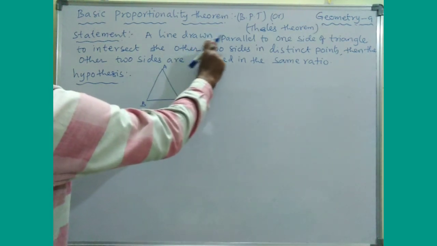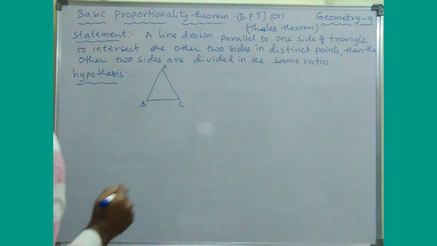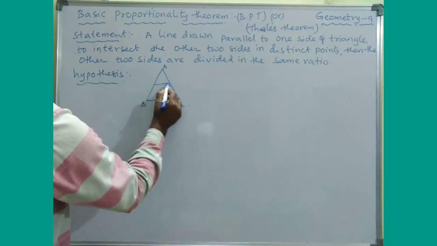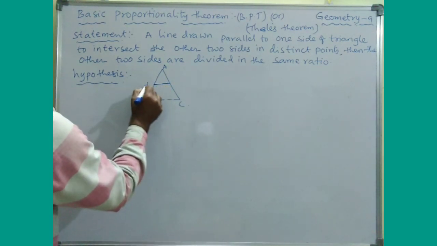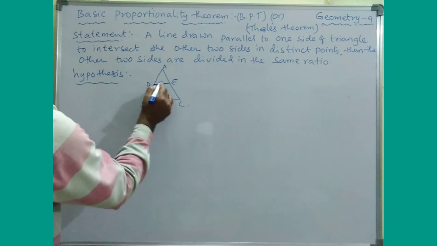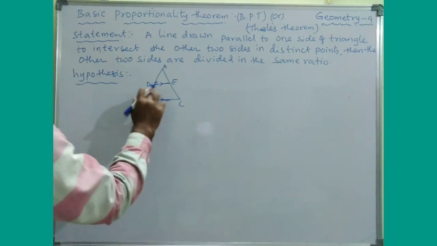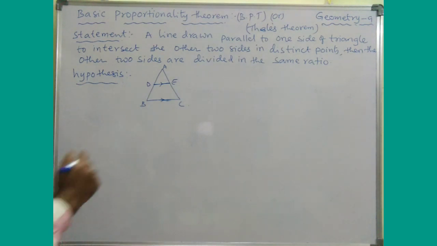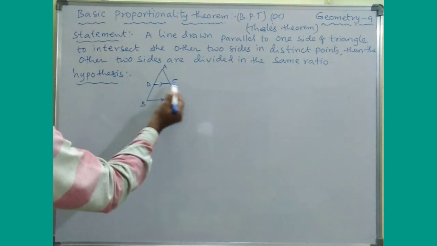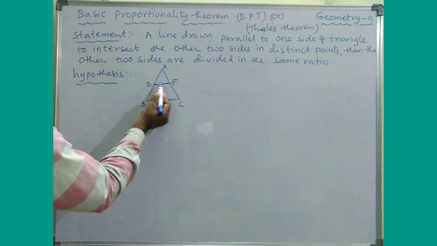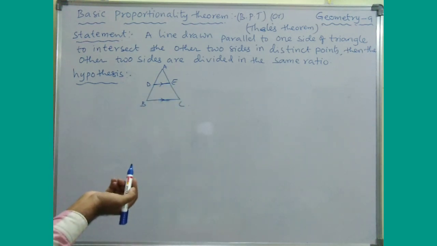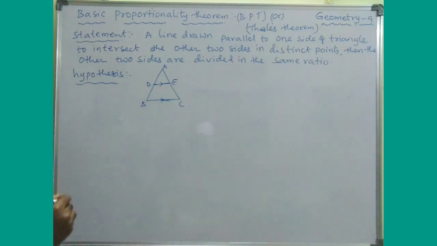Now a line drawn parallel to one side. Let it be the line, say DE, which is parallel to BC. Of course, which intersects the other two sides in distinct points D and E. Then the other two sides are divided in the same ratio.